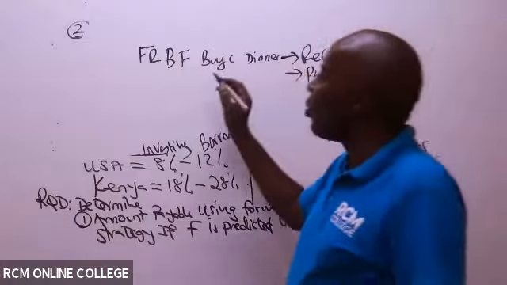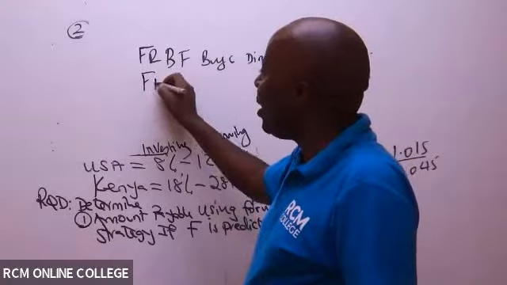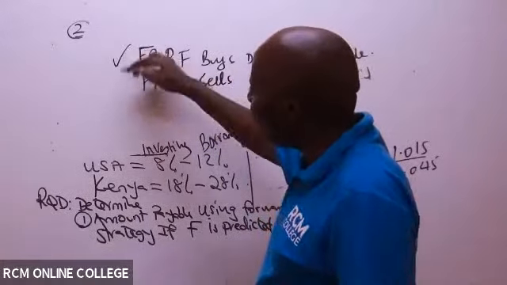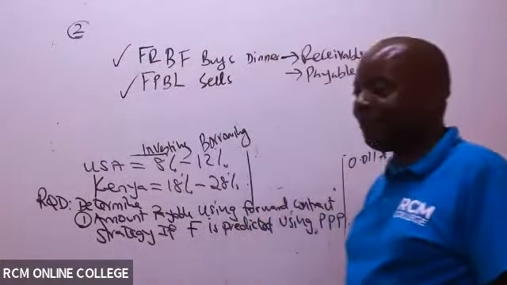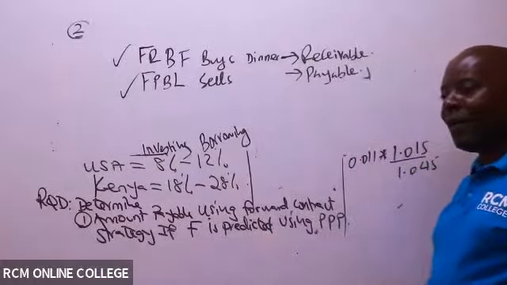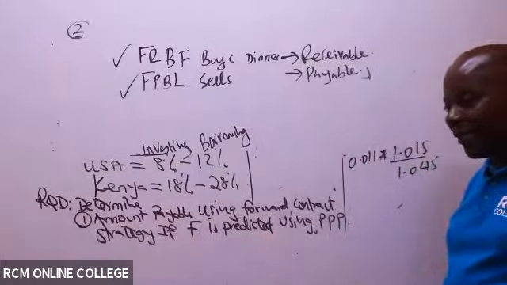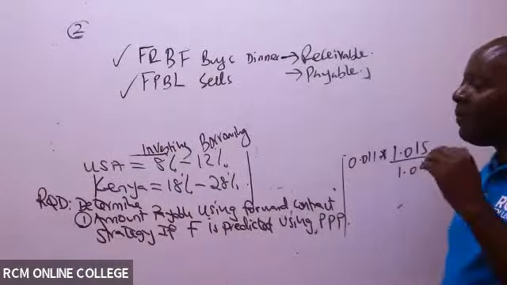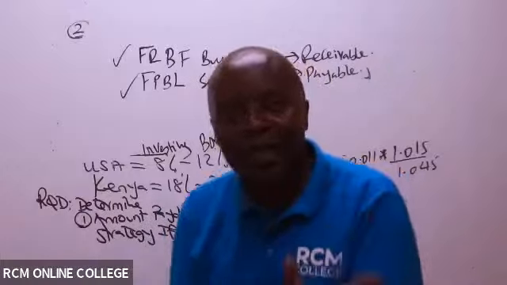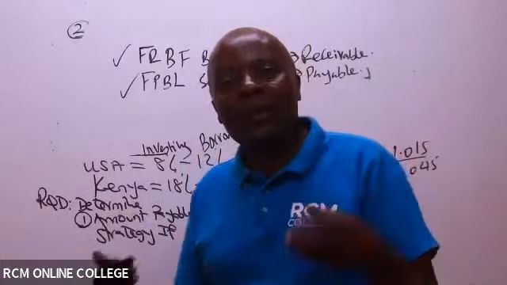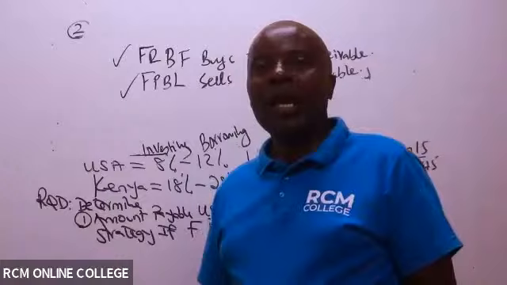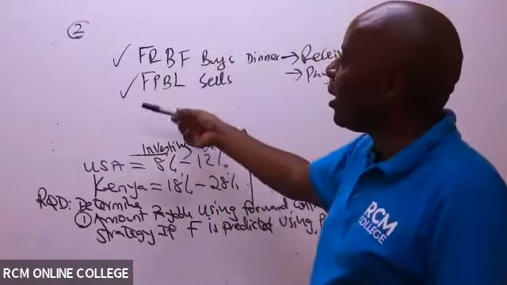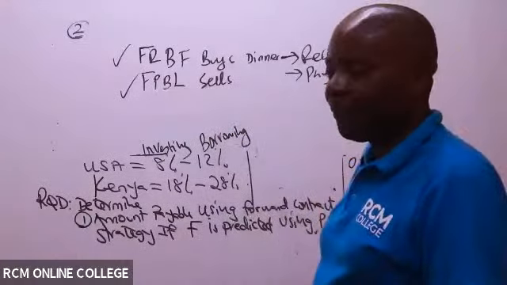So for a payable question, we shall use FPBL, sales. Do you remember these two rules of money markets? Remember, Wamchomba's question is a payable question, and if it's a payable question, then we shall use this second rule here, FPBL.